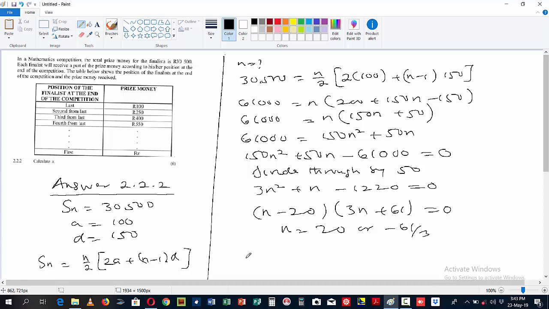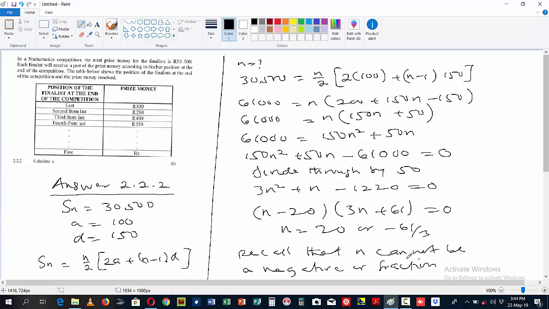Recall that n cannot be a negative or a fraction. Our n cannot be a negative, and as well as our n cannot be a fraction.